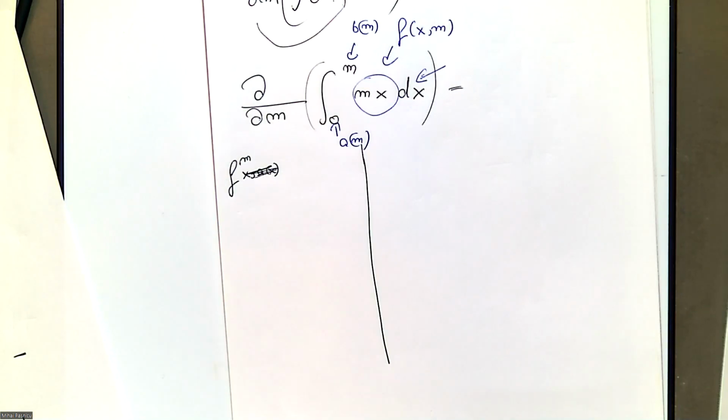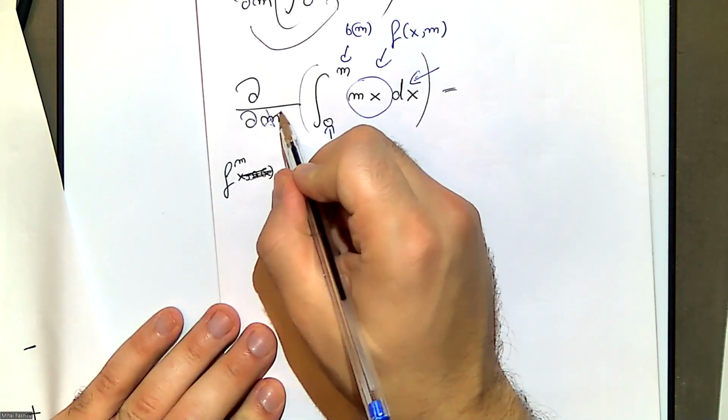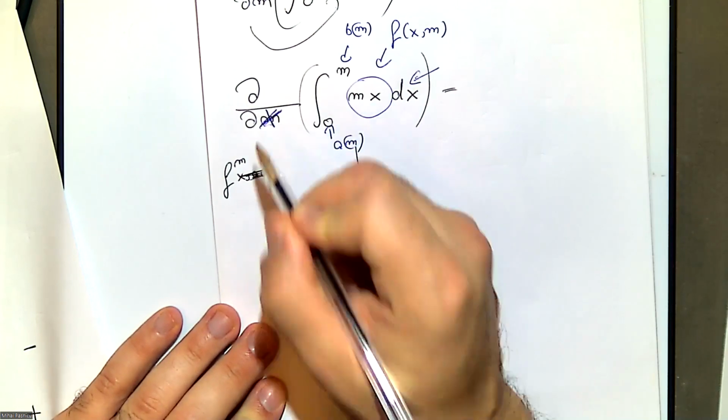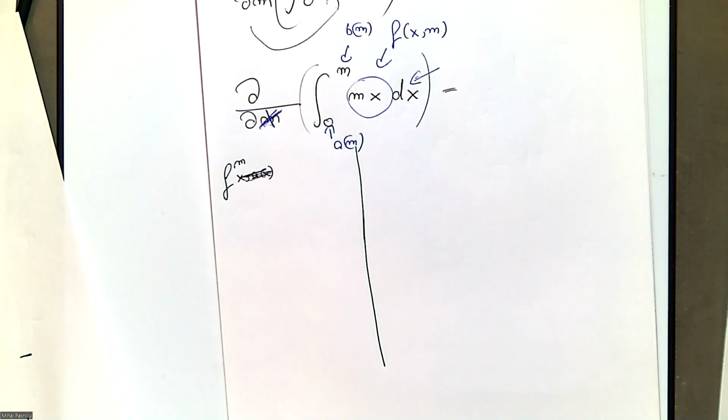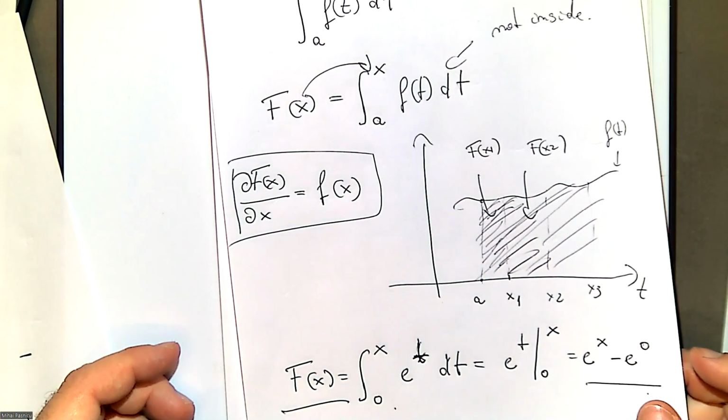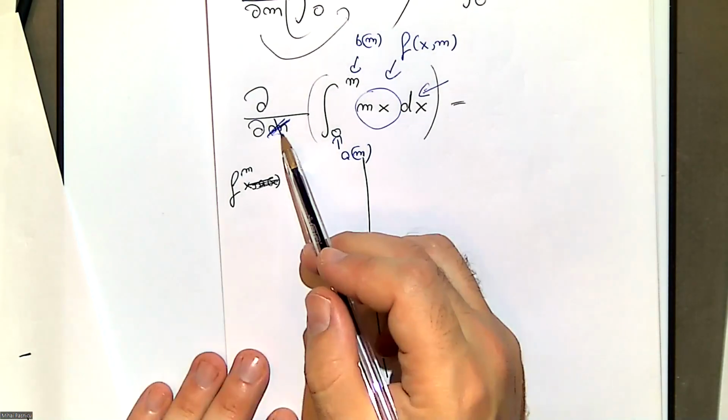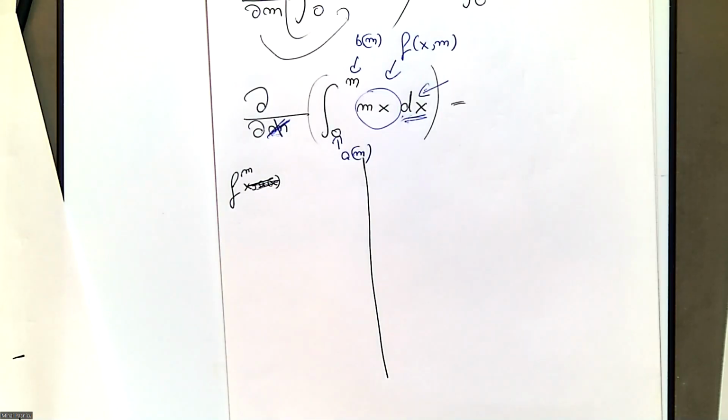Again, whatever variable you have right here, Leibniz only applies if you have to take a derivative of something that's not there. So in this case, if I had to compute the derivative with respect to x instead of m, I would not use Leibniz. I would just use the fundamental theorem of calculus. But this applies when you have to take a derivative of something else.